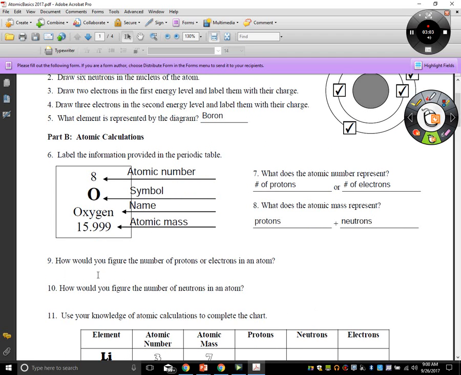How would you figure the number of protons or electrons? I would simply look at the atomic number. In order to find neutrons, I would take atomic mass minus the atomic number. Gives me my neutrons.